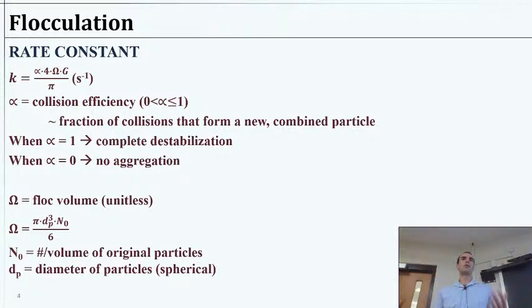And that goes back to our coagulation. When we were talking about stabilized particles versus destabilizing particles, this term here is going to be our collision efficiency. That's telling us how much did our coagulation work to destabilize the particles. And we define that from 0 to 1. So it's just a fraction. 1 meaning 100% of collisions result in a new stuck particle, a new aggregate, right?